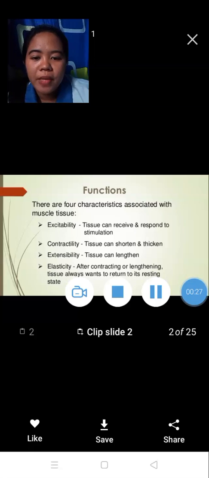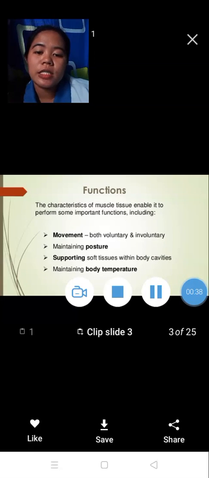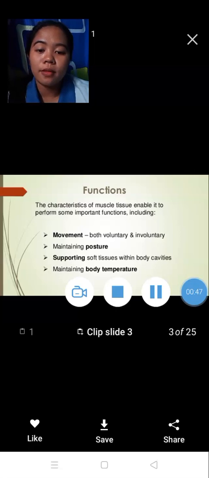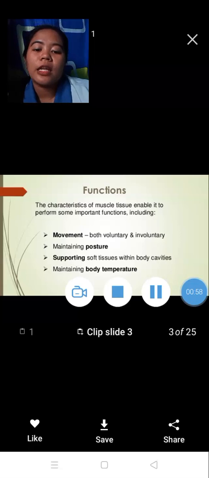Elasticity, after contracting or lengthening, the tissue always wants to return to its resting state. These characteristics of muscle tissue enable it to perform important functions, including movement, both voluntary and involuntary, maintaining posture, supporting soft tissues within body cavities, and maintaining body temperature.